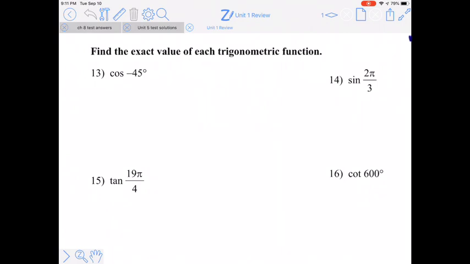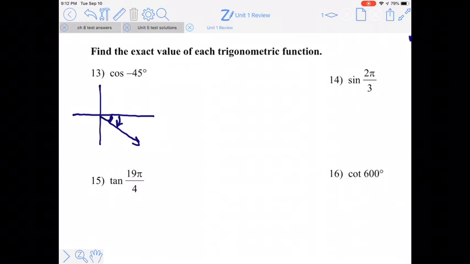So cosine of negative 45 degrees is down here in the fourth quadrant. And then you always want to draw your reference angle to the x-axis. So this reference angle here is a 45-degree reference angle.